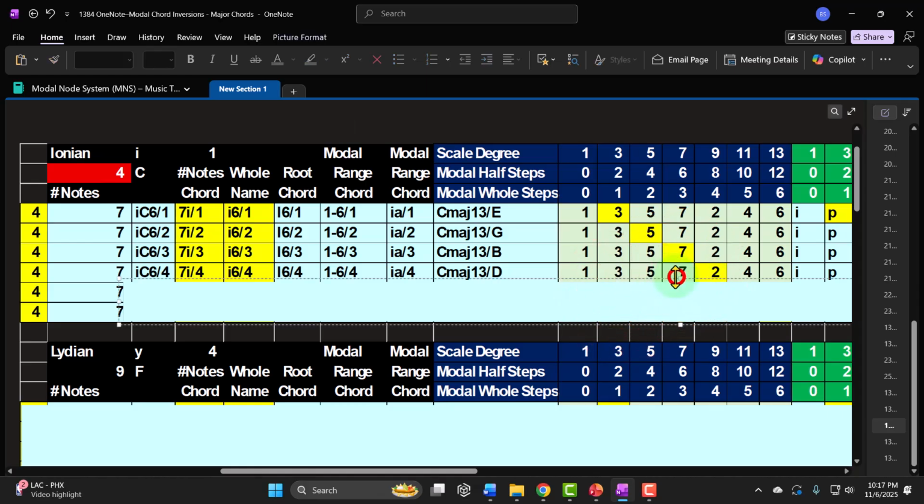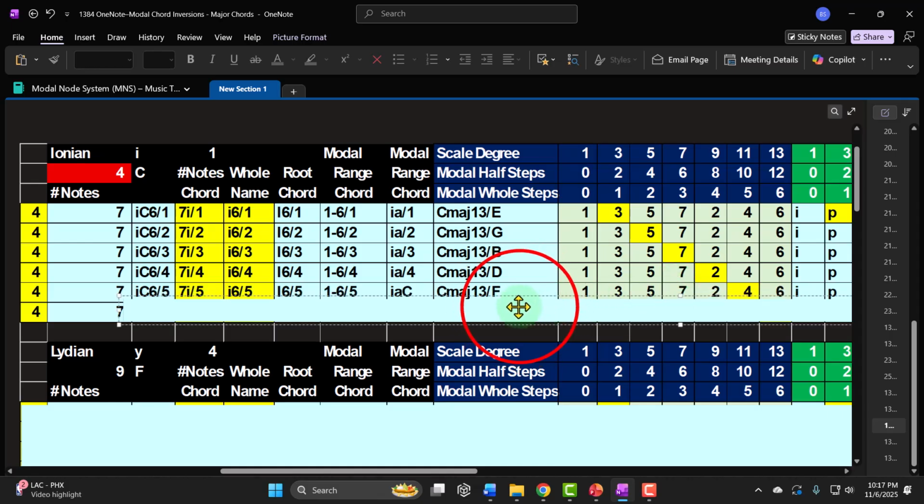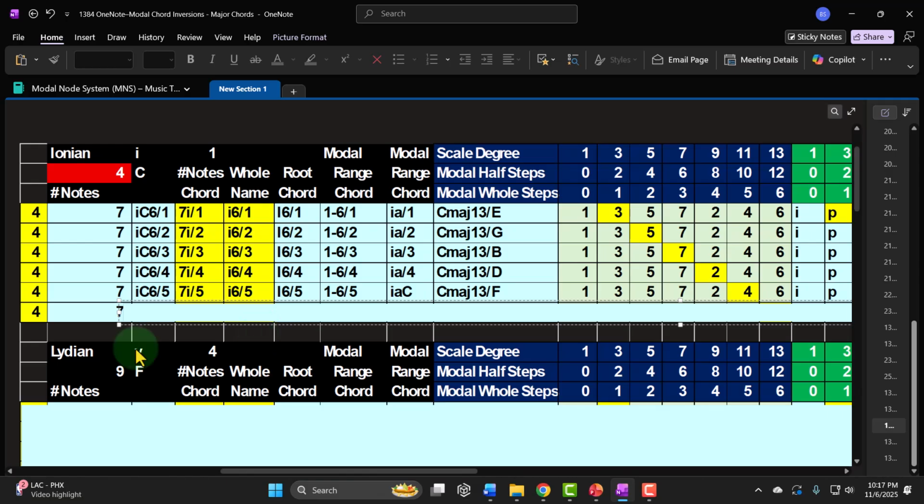So then we can say the next one would be a C major 13/F, because we're inverting here, which happens to be an F. It would be better to call it a 7I/5 or I6/5. 7I/5, 7-note Ionian, fifth modal whole step is where you do the inversion, or an I6/5, meaning an Ionian 6 modal whole step inversion on the 5th modal whole step up from the root. 1, 2, 3, 4, 5.